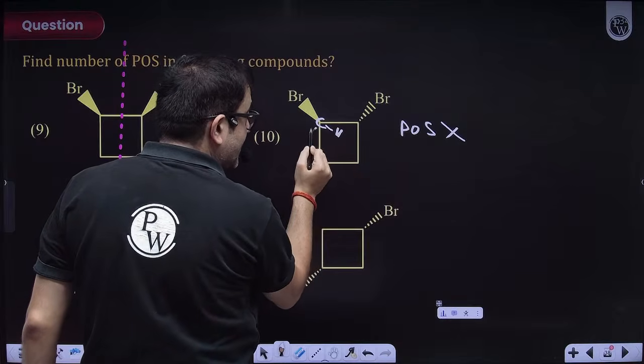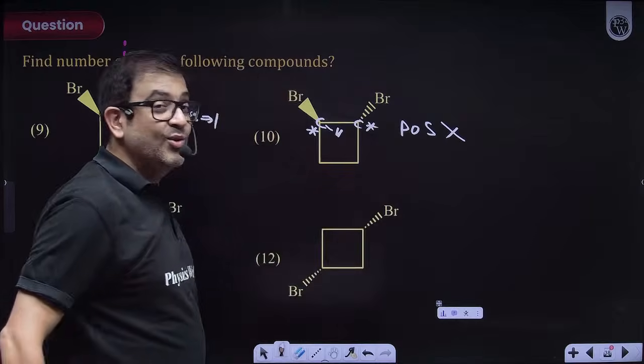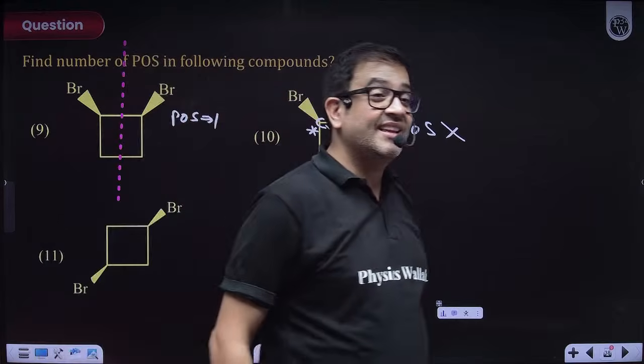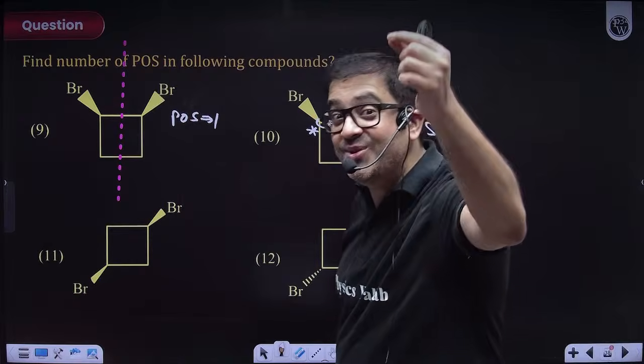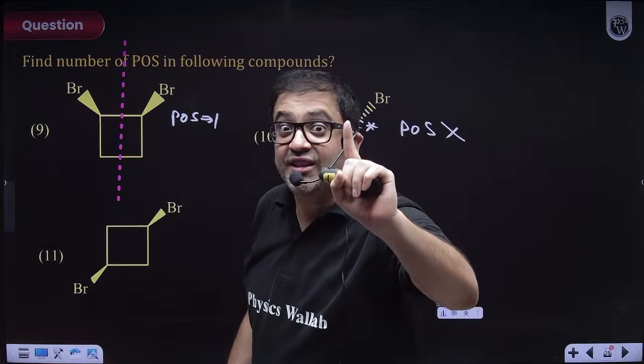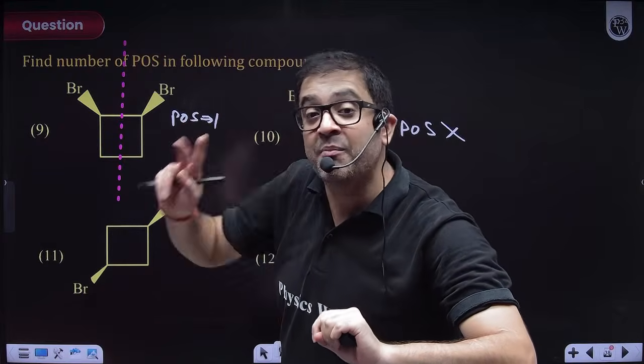So this is a chiral carbon also. This is also a chiral carbon and it is having no element of symmetry, sir. That means it will be a chiral molecule also.